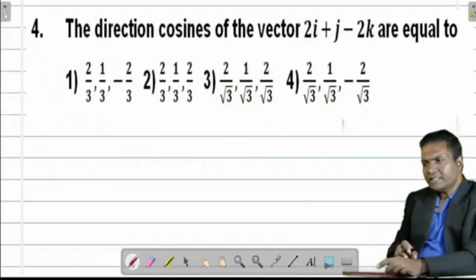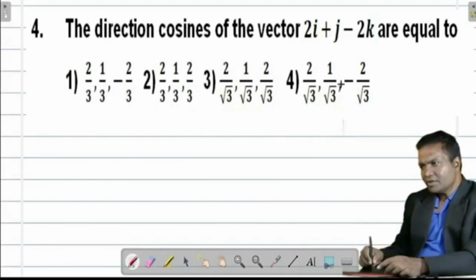The direction cosines of the vector. See here, the direction cosines of this vector are asked.